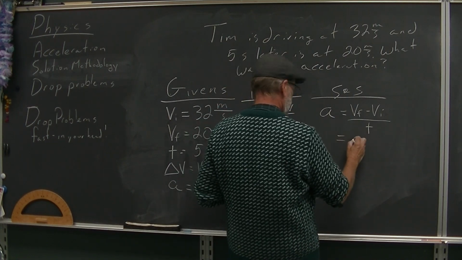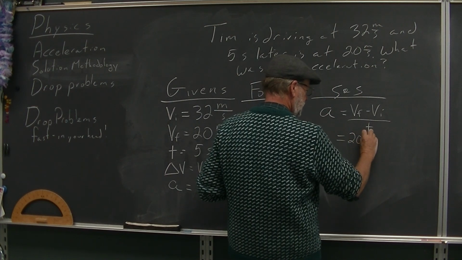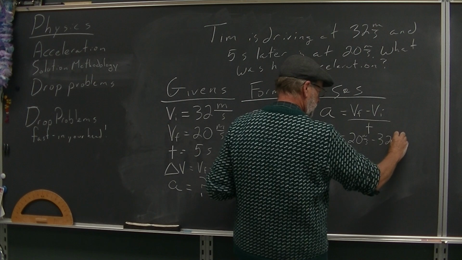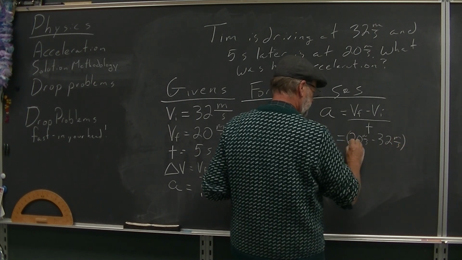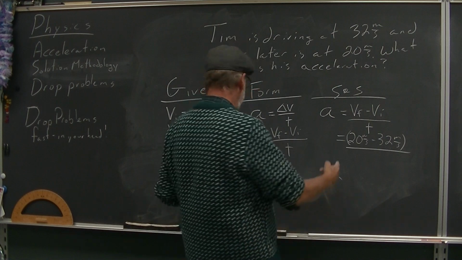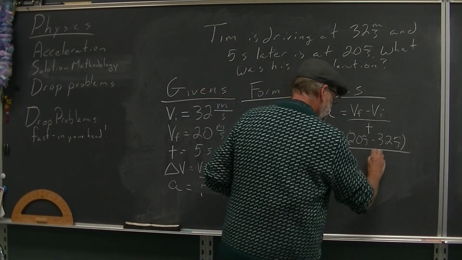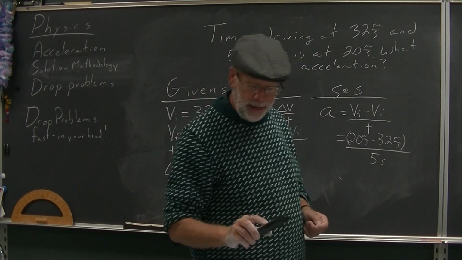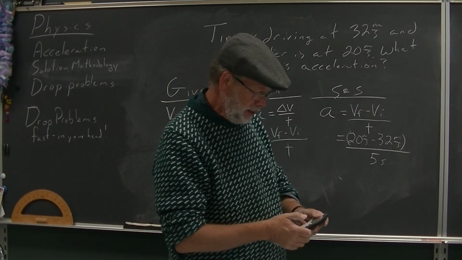vf is 20 meters per second minus 32 meters per second, which is my vi. Put those in parentheses, so you remember you want to solve that first, and then you're dividing it by time, which in this case is 5 seconds. Now, and only now, are you ready to do it in your calculator?